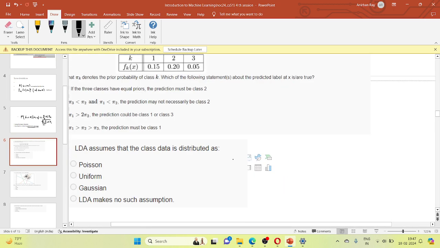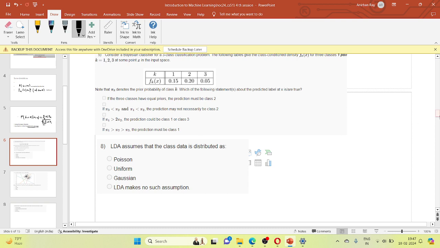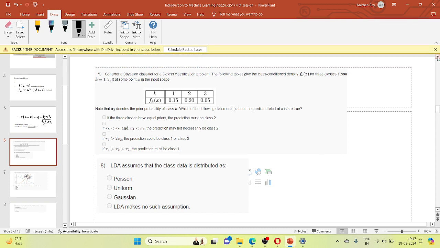As you can see, this f subscript k is the likelihood that is given, and this pi 1, 2, 3 are the prior probabilities.